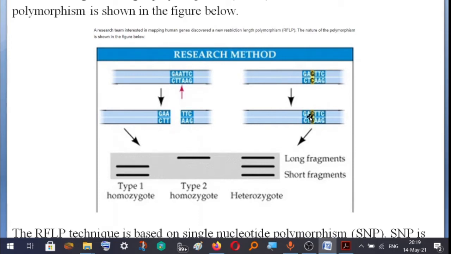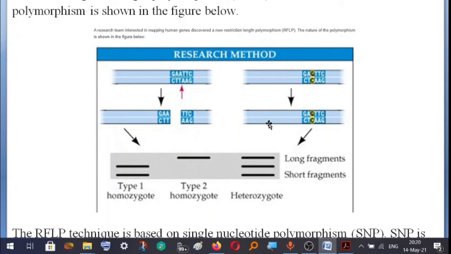Whereas in the second case, which is on the right side of my screen, we can see that there is a single nucleotide base pair change which has made this restriction site inaccessible to the restriction enzyme. So the restriction enzyme cannot cut this piece of DNA into two fragments. That's why we should be expecting only a single band of bigger size. So we can only see one band of DNA on the gel electrophoresis.